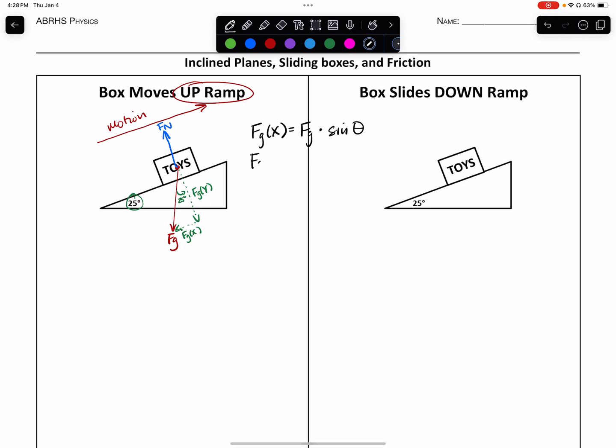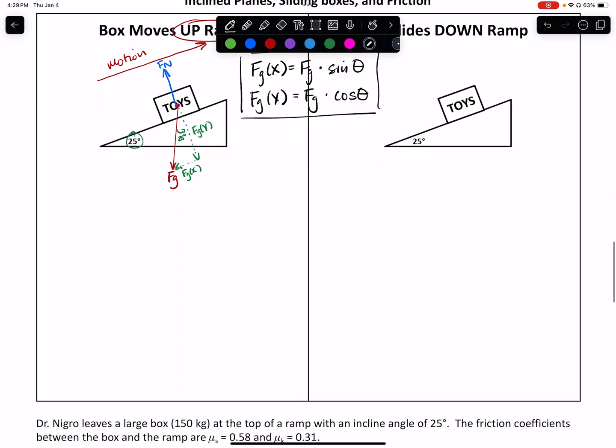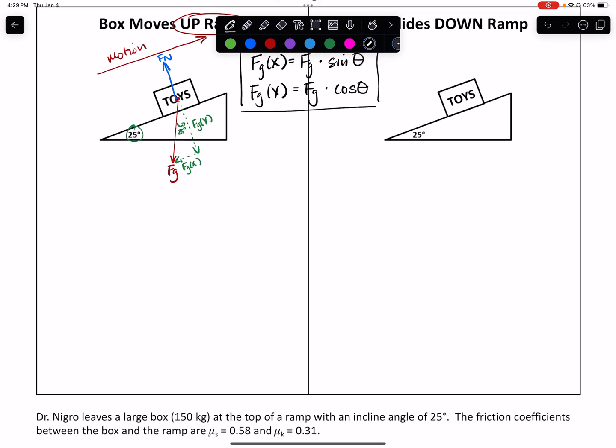If we need the y component, we're going to need, again, the gravitational part, and then we'll take the cosine of the angle. So these two are going to hold for both situations. Okay? Now let's talk about our free body force diagram. So here's my toys. I'm again going to have vertical and horizontal forces.